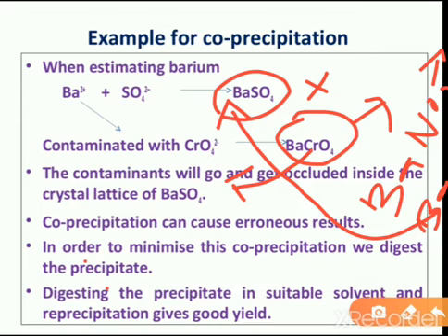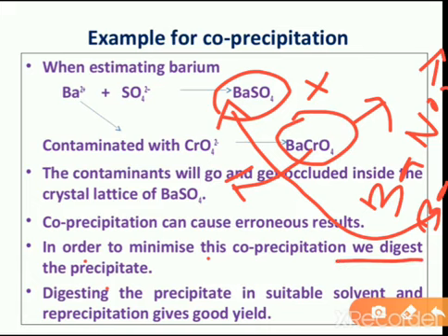So due to the co-precipitation, we get the wrong amount, or the estimation gets wrong, with an unwanted amount of precipitate. So we need to avoid this. How can we avoid the co-precipitation? Simply, to minimize co-precipitation, we digest the precipitate.